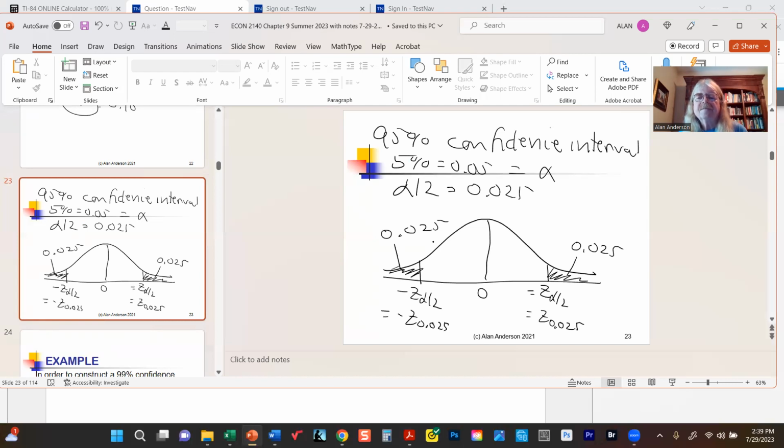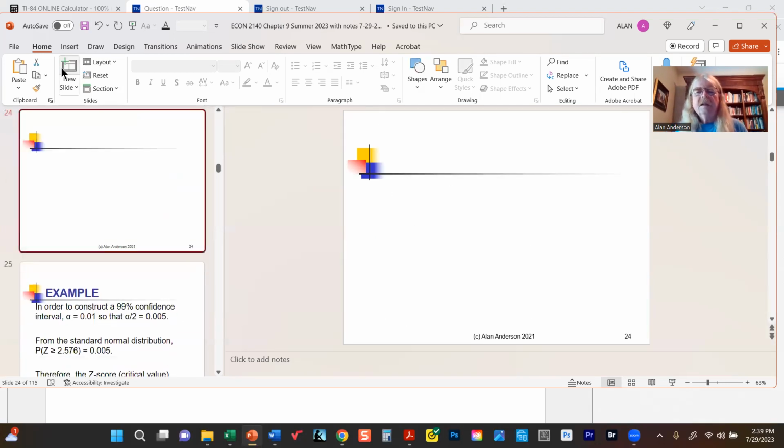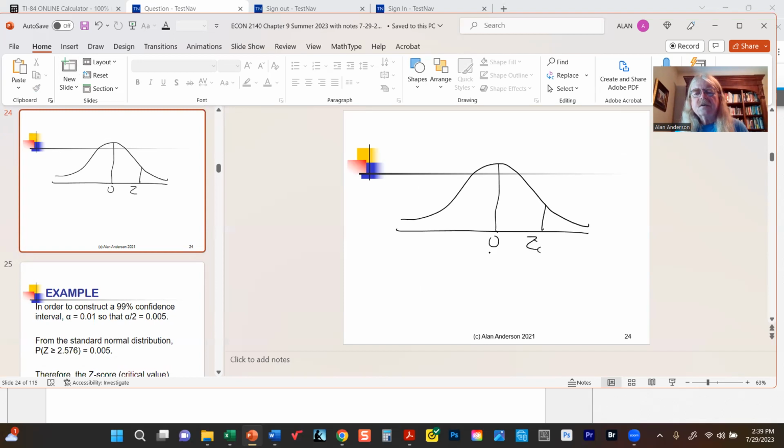So what I need to do is find the z-score such that the area to the right of it is 0.025, or equivalently, the area to the left of it is 0.975. So in other words, let's take a look at just the right tail for a minute. I'm looking for this mysterious z-score.